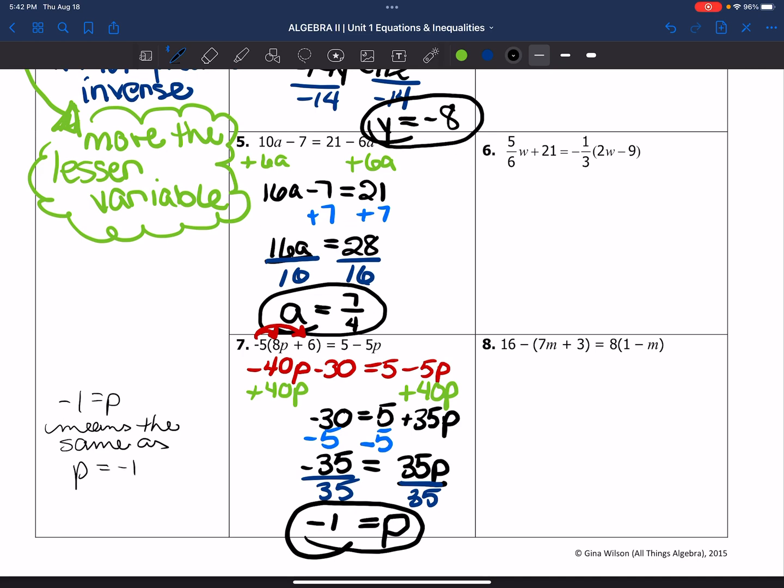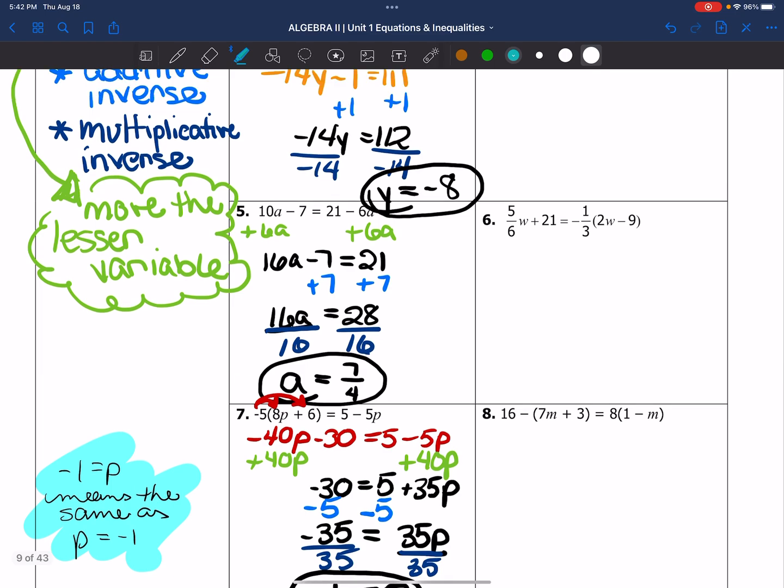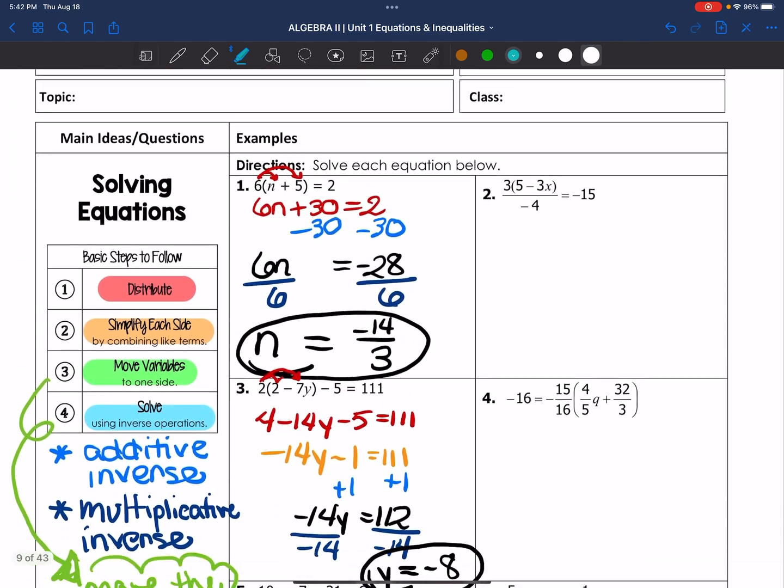So you can be happy in noting that those mean the same thing. So it is totally fine that our final answer was written with the variable on the right instead of on the left.